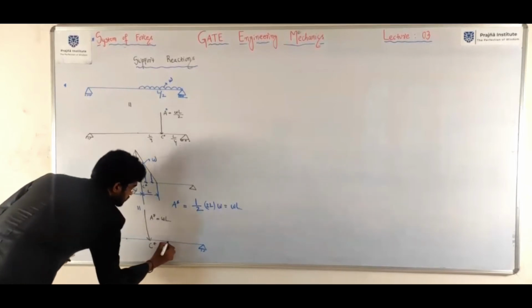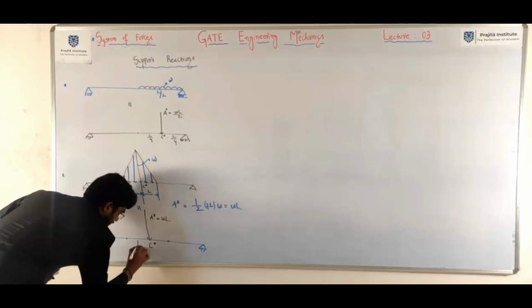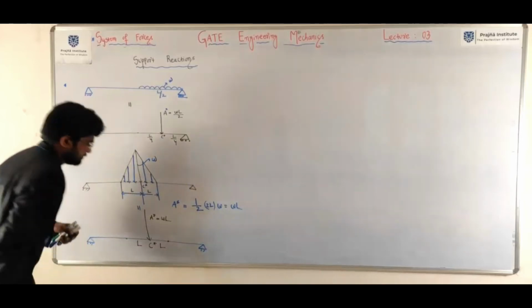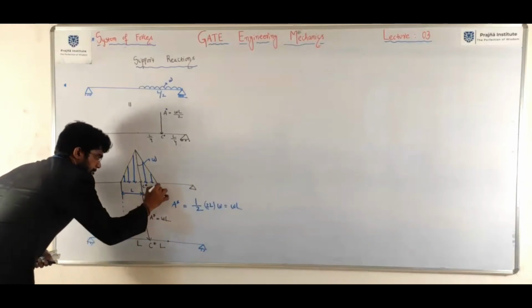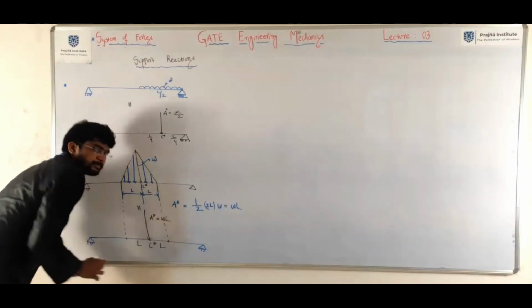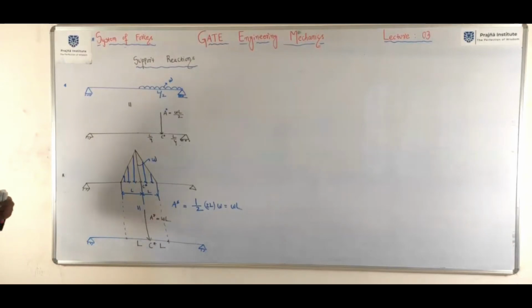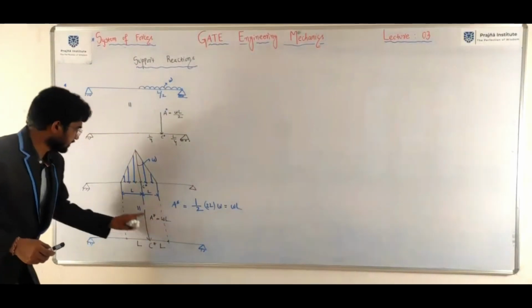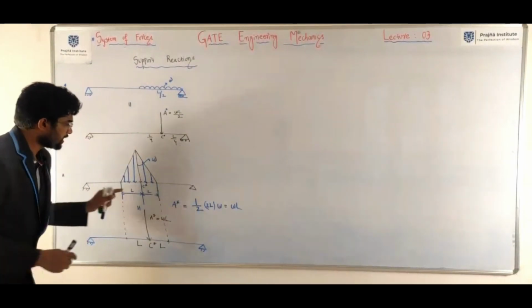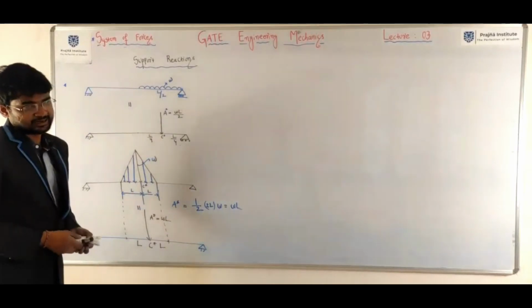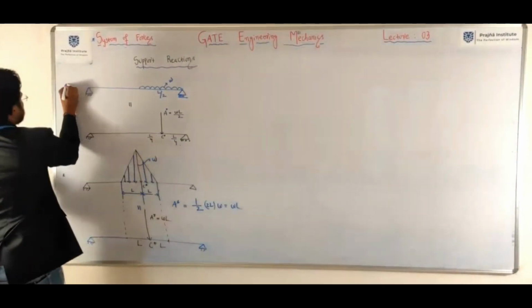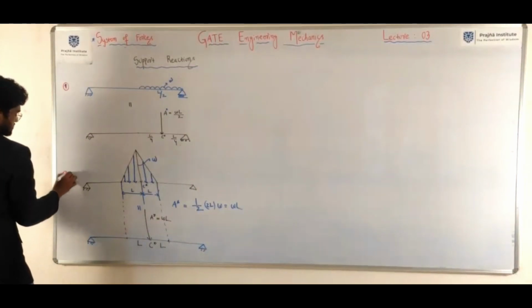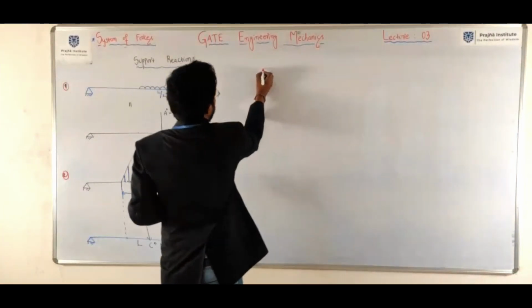From here to here it will be L and L. So L, L, L, L. Calculate the area if it is a symmetrical triangle. Okay? Now, next case.